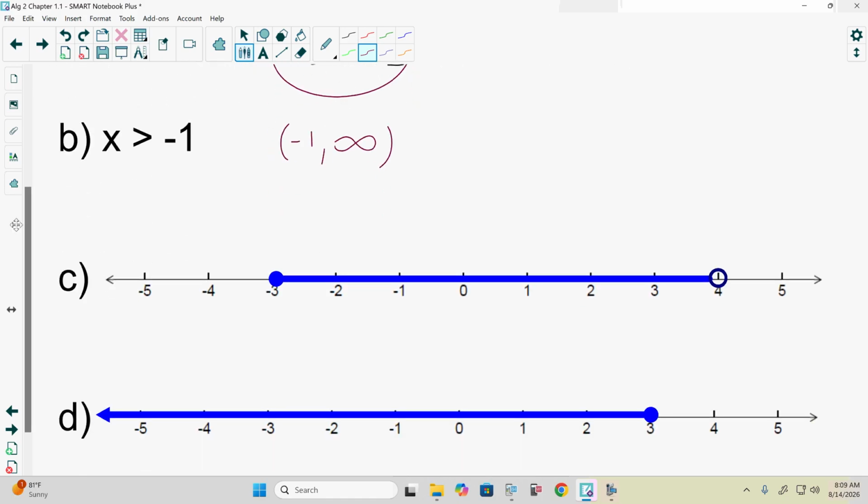Now, another thing you can do to always make sure it works is what I call a check method, or just verifying. So we're saying we want numbers from -1 to infinity, yes? What's a number between -1 and infinity? Any number. Is -2 greater than -1?